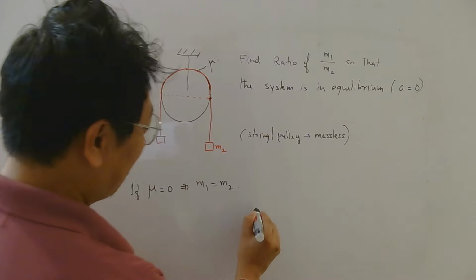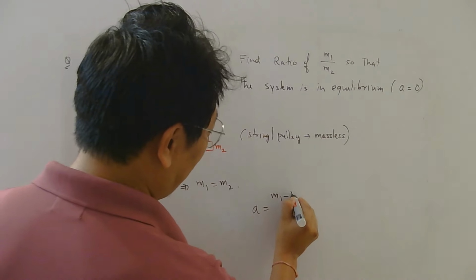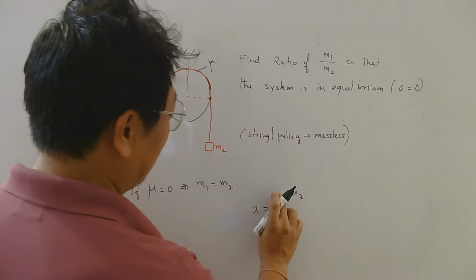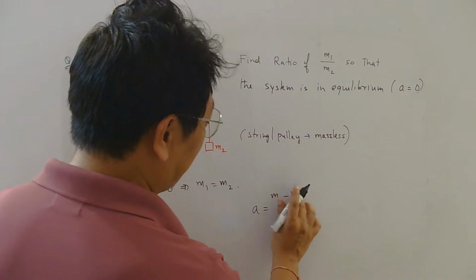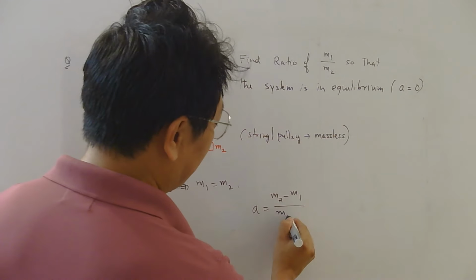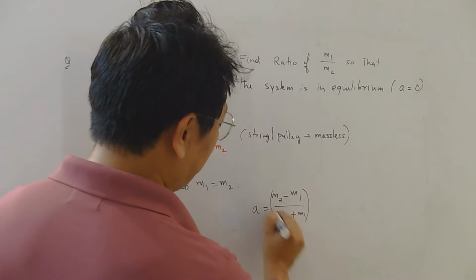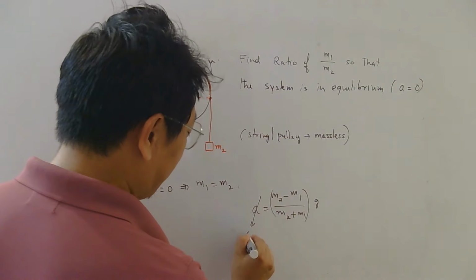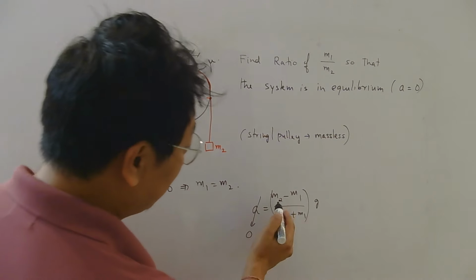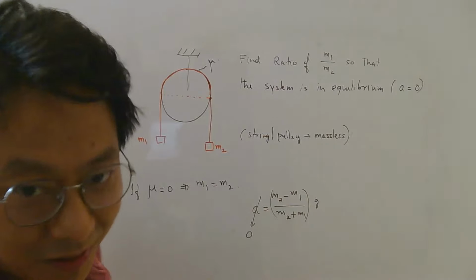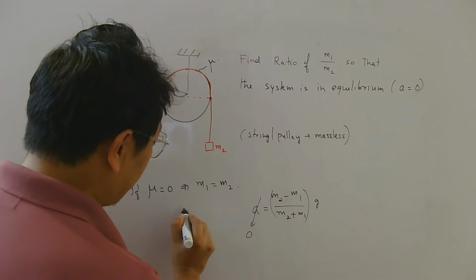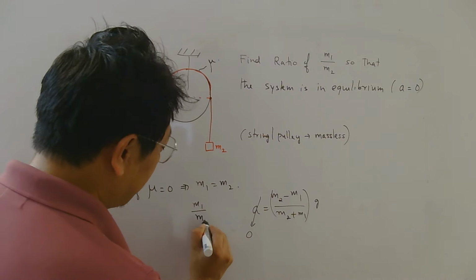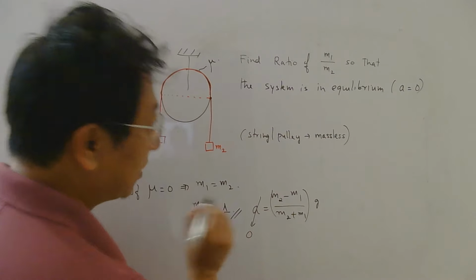If you remember the formula for acceleration, it was m1 minus m2 if m1 is greater, or m2 minus m1 if m2 is greater, divided by m2 plus m1, into g. So if you want acceleration to be 0, these two masses should be the same. In that case, the ratio m1 by m2 would be simply 1. So 1 would be the answer.